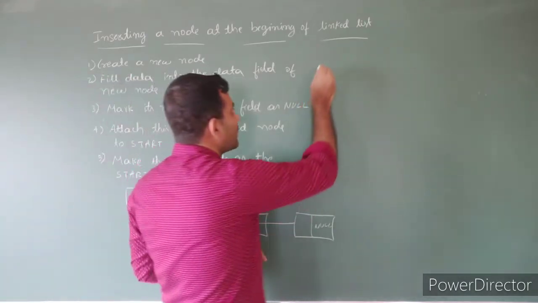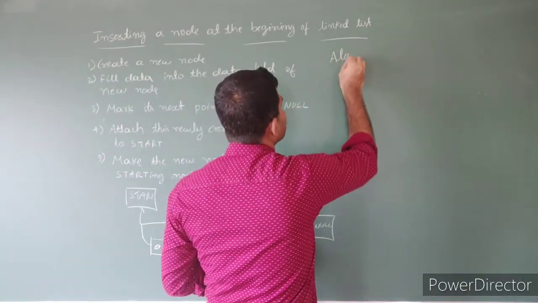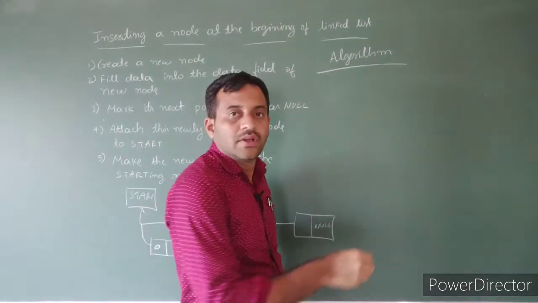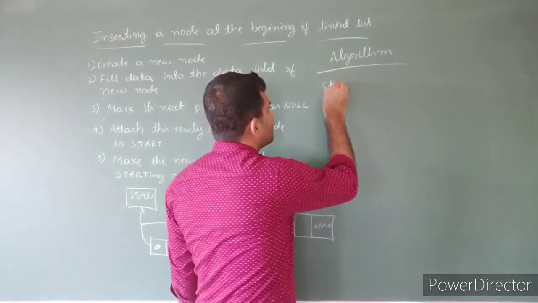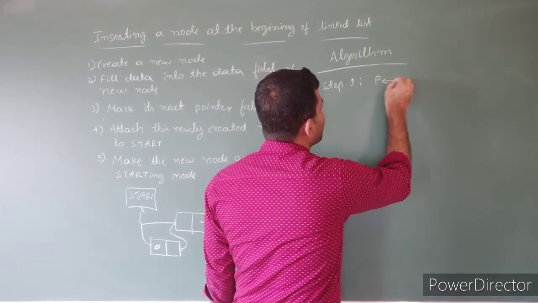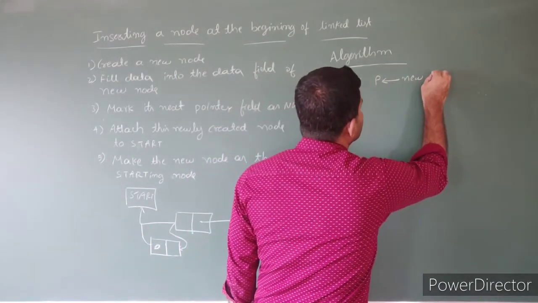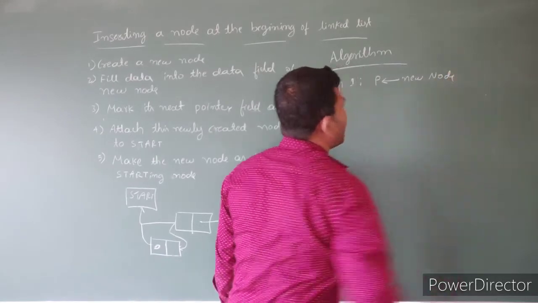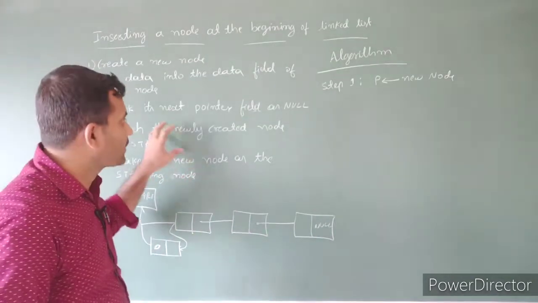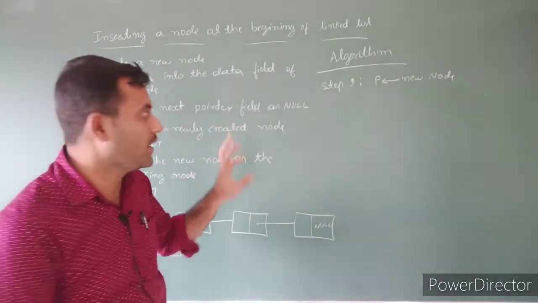Let's write an algorithm. In step 1, first create a new node, that is P back arrow new node. After creating a new node, for the data part of the new node, we have to fill the data.